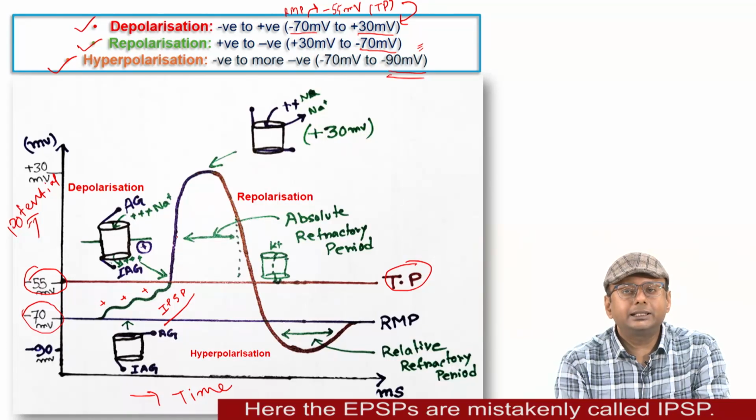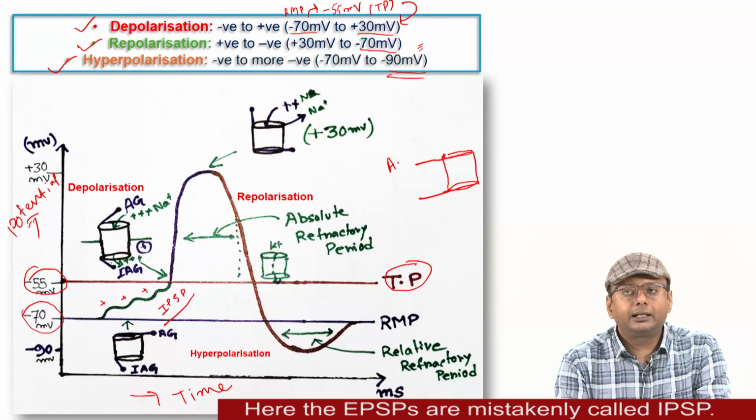And how it initiates, you see in this ion channel. Let's consider this is the sodium voltage gated ion channel, and each ion channel can have two gates, okay?